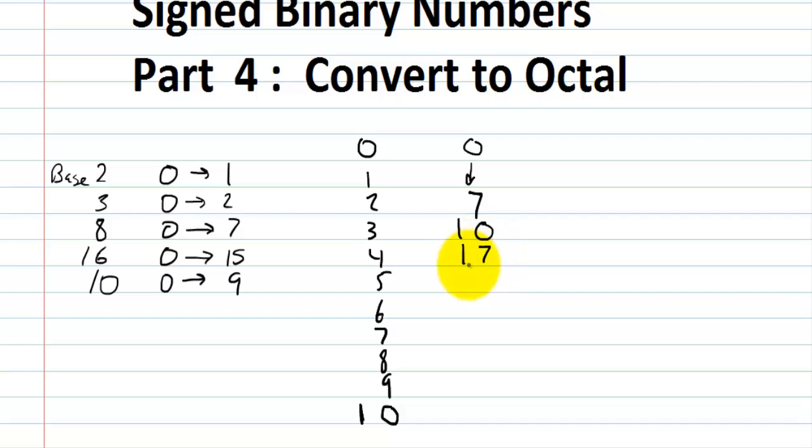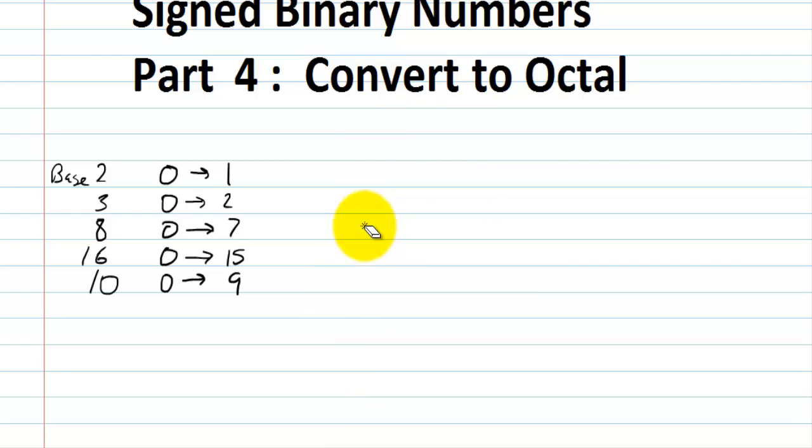As soon as you get to 17, we increase the 8's place and you go to 20, and you continue with this pattern. Just like when we count from 10 to 19, and then we increase the tens spot to 2, which makes 20.